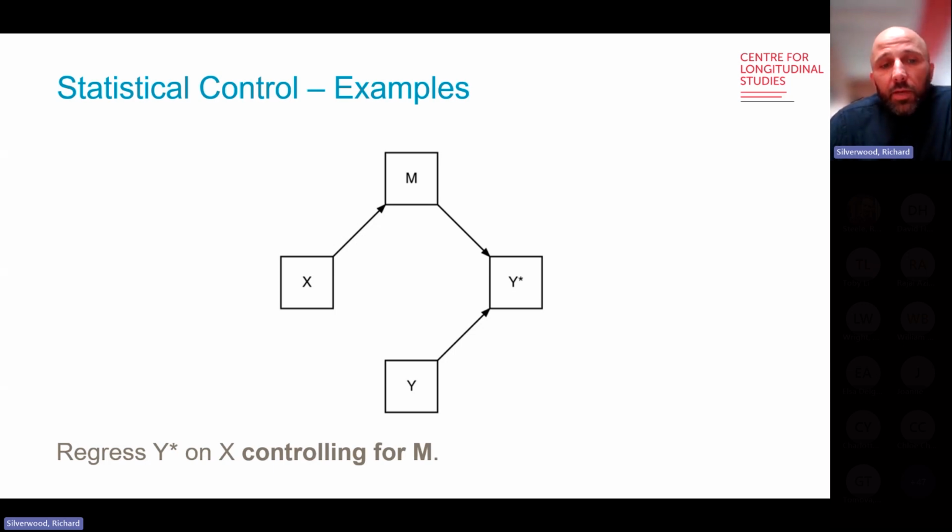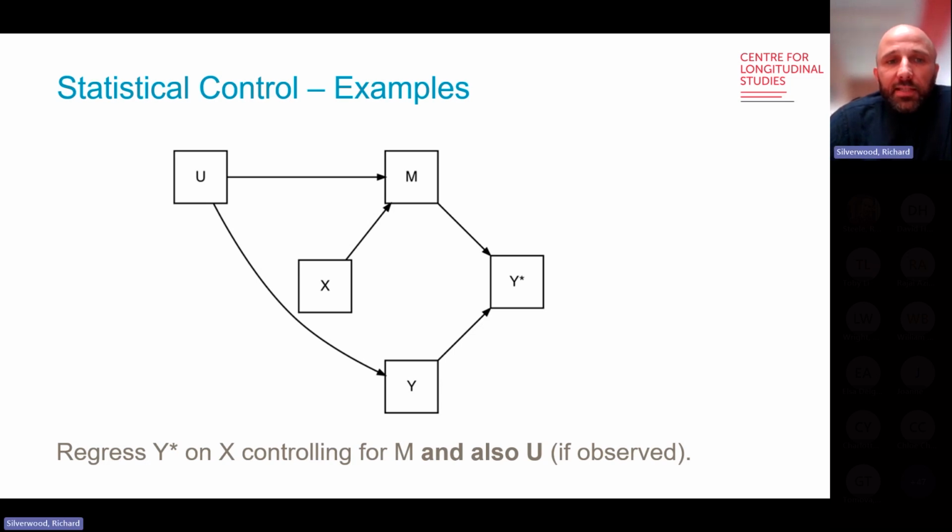So in this example, we could simply control for M by including it in a regression model of Y star on X, and that would remove that path, and we would get the null association that we know we should get from this DAG. If instead we wanted to estimate the mode effect, we could do so by regressing Y star on M. We could use that to adjust the observed values of Y and then regress that on X, and we should get a similar answer.